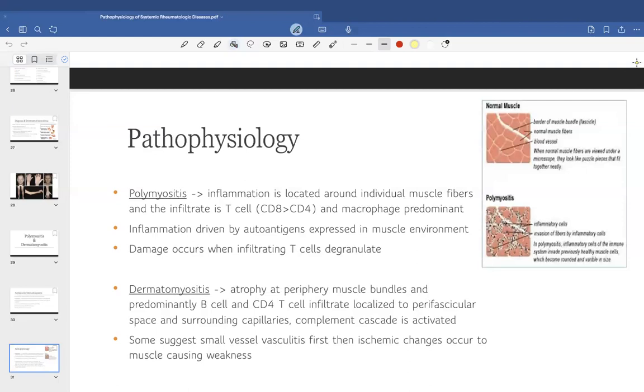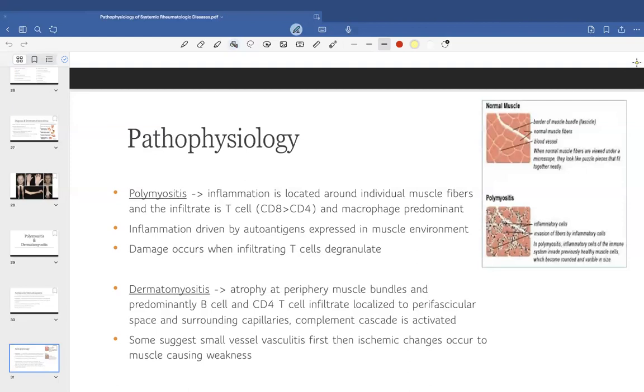And so in polymyositis, it's involving the muscle cells proper within these fibers. They infiltrate the fibers into the cells, and then the T cells, those CD8 cells, will release their cytokines, which then essentially degrades that particular muscle cell.